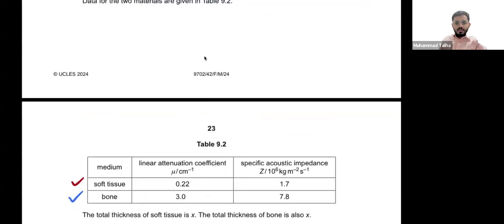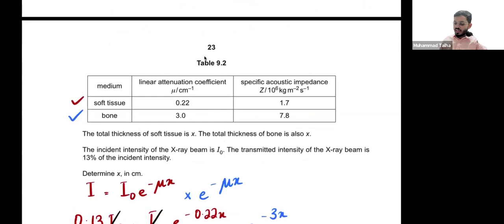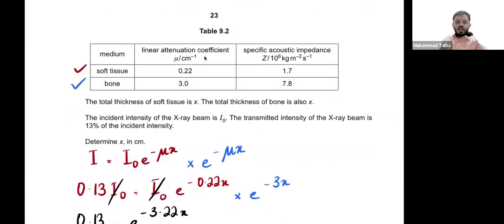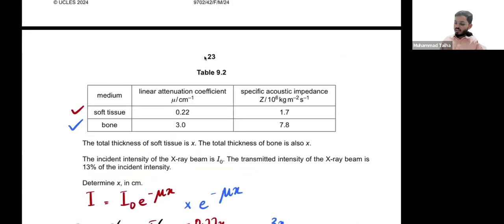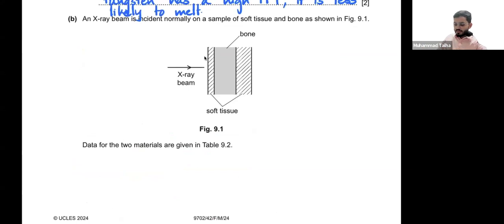All right. Incident intensity of the beam is I naught. Transmitted intensity is 13% of the incident intensity. Determine X in centimeters. So in this one, the incident intensity is the intensity which just comes into the medium, right? This is the intensity which comes in. This is I naught.